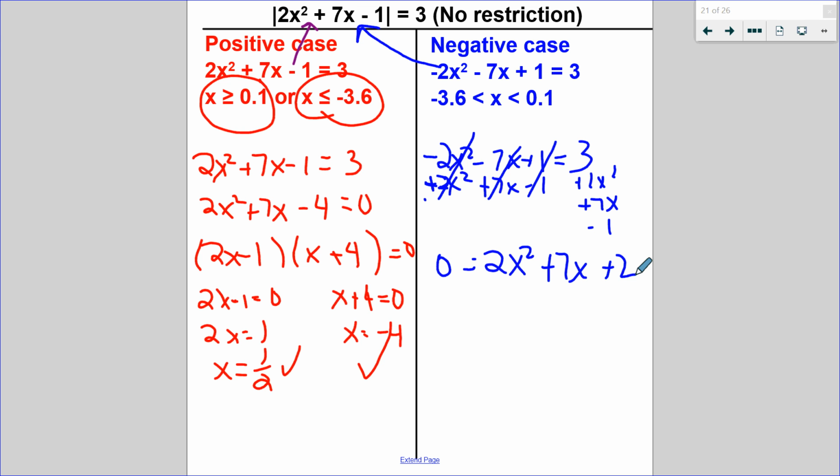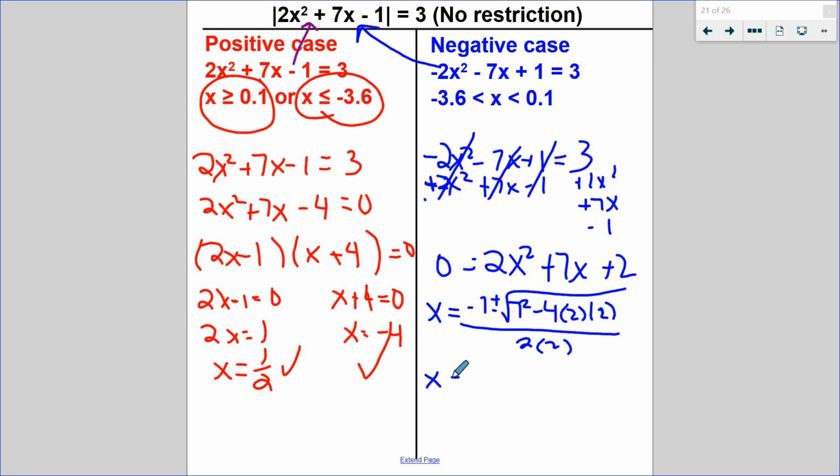Now this cannot be factored, so I'm going to have to use the quadratic formula. So x is equal to the opposite of b, plus or minus the square root of b squared minus 4 times a times c, all divided by 2 times a.